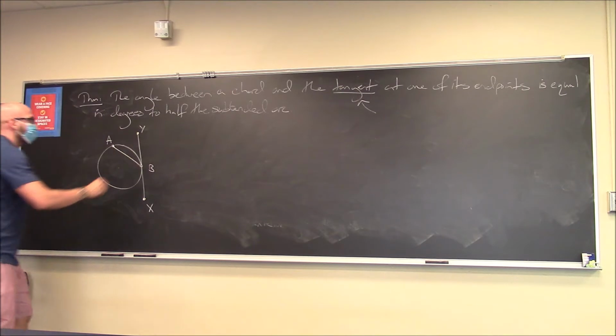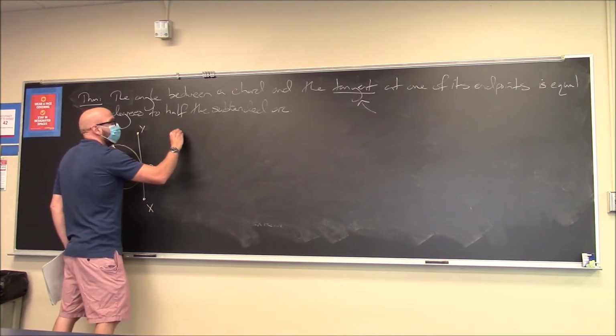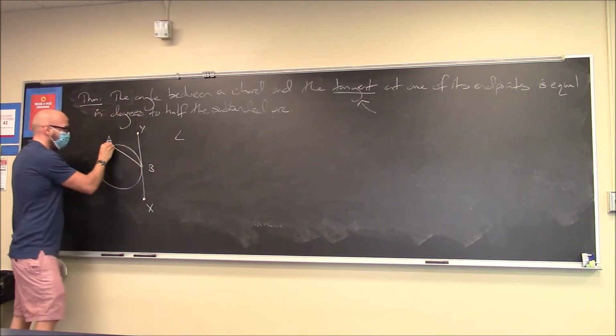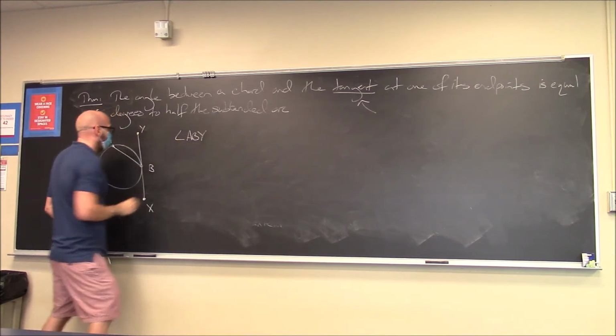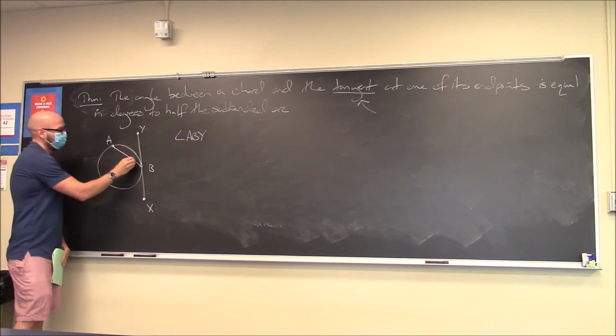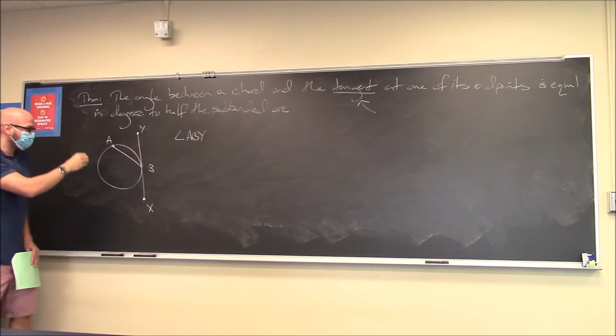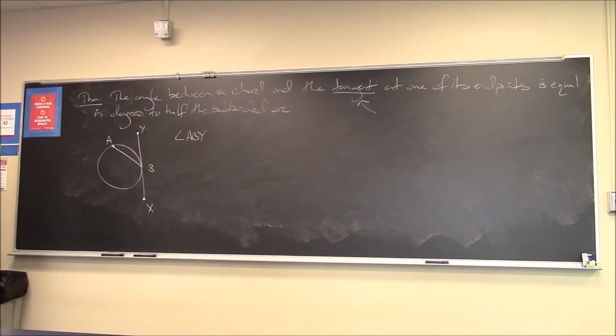And what we're claiming here is that this angle ABY is equal to 1/2 of its subtended arc. We always talked about subtended arcs in terms of inscribed angles.